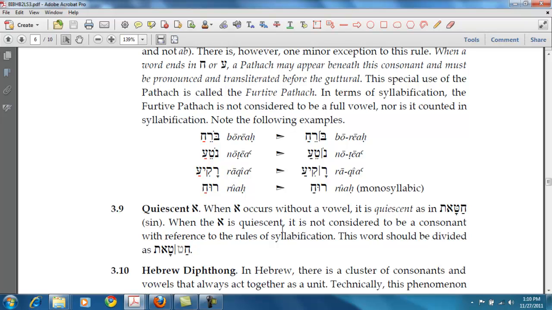When the aleph is quiescent, it is not considered to be a consonant with reference to the rules of syllabification. This word should be divided as chet, patach, and then a tet, and then another tet with a qamets, and then an aleph and a tav. It's as if the aleph is not even there, but you just put it in. That's how you divide it.